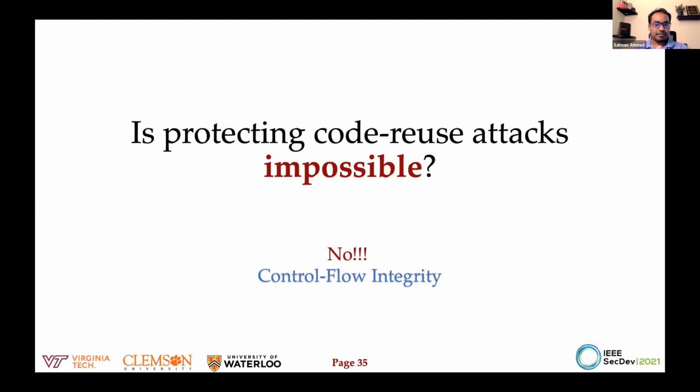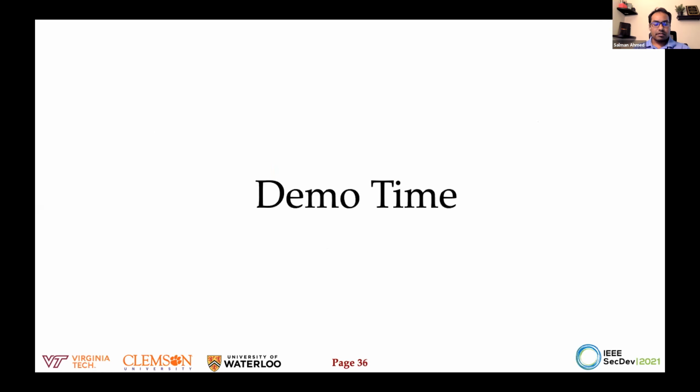The answer is no, because of control flow integrity, as Professor Aya mentioned, but it has its own set of limitations, especially resolving the indirect branch targets, which so far is not precise enough to deploy in a real system. So that's the theoretical aspects of what I wanted to cover.